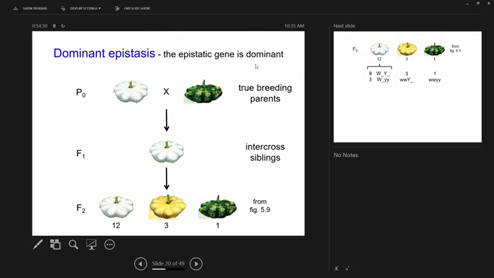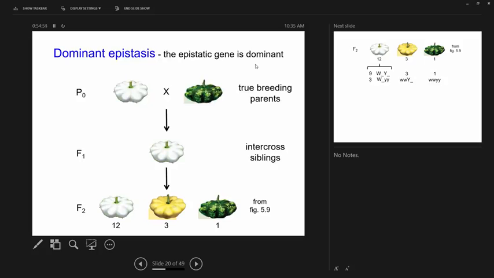Let me do one more and then I'll come back and hit this again on Thursday. I want you to please go ahead and try to read through the rest of this before Thursday so that you can get a head start on understanding. All right, so dominant epistasis. Same thing, but the epistatic gene is dominant, so you only need one allele. In this case, they're using squash coloring.